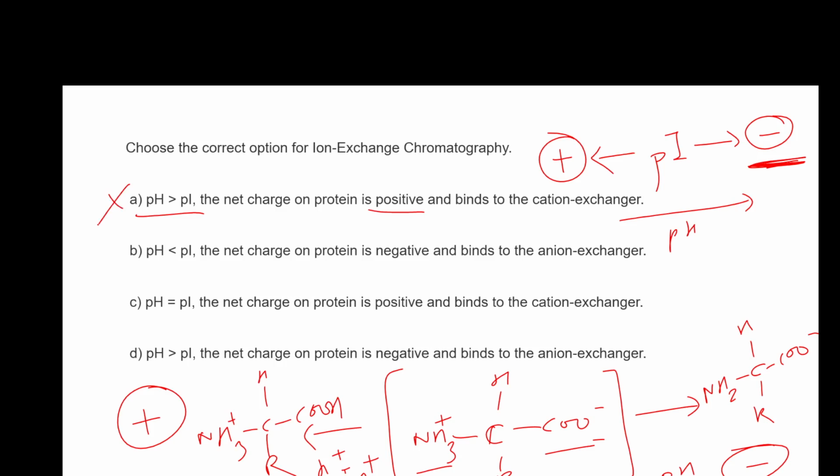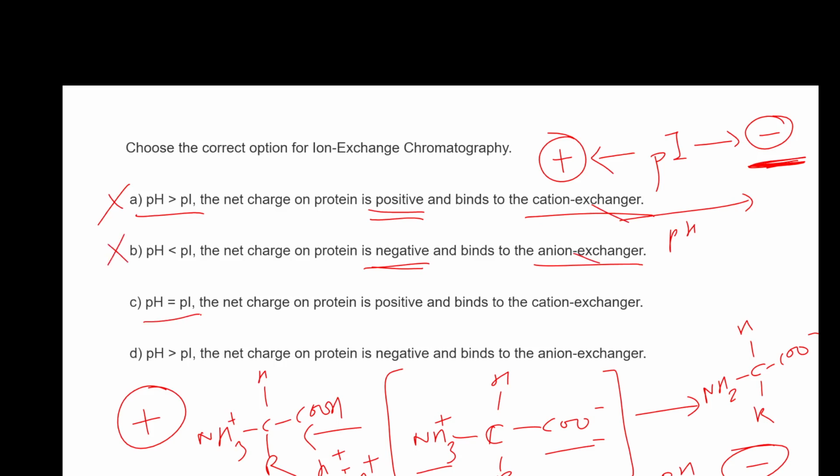Next is pH less than pI, the net charge of the protein is negative. Again, it should be positive. And if it is negative, it should bind to the anion exchanger; if it is positive, it should bind to the cation exchanger. It is the opposite binding. So this is also wrong.